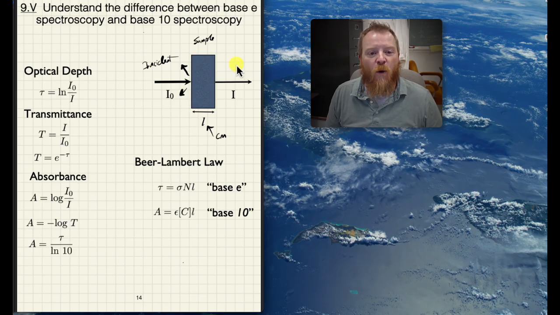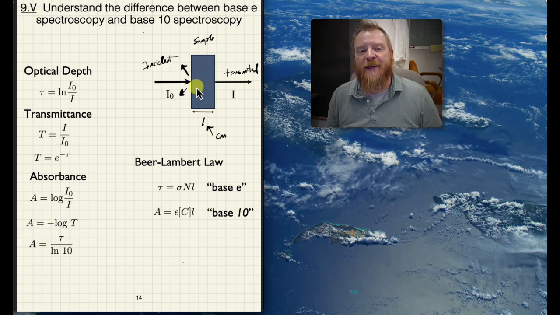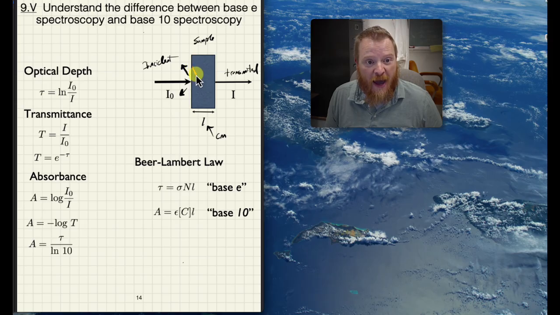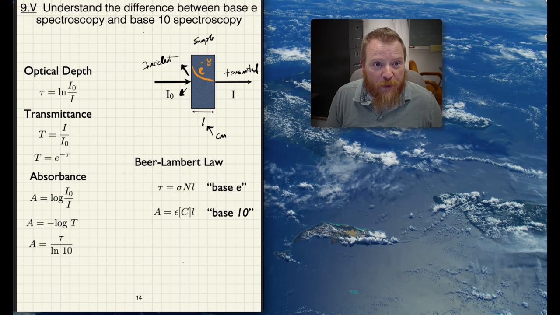All the same, only a fraction of that will make it all the way through and become the transmitted beam I. If we could look at how much light is attenuated through the sample as a function of distance, we would see that it has some exponential decay, and that decay is given by e to the negative tau, which is the optical depth.